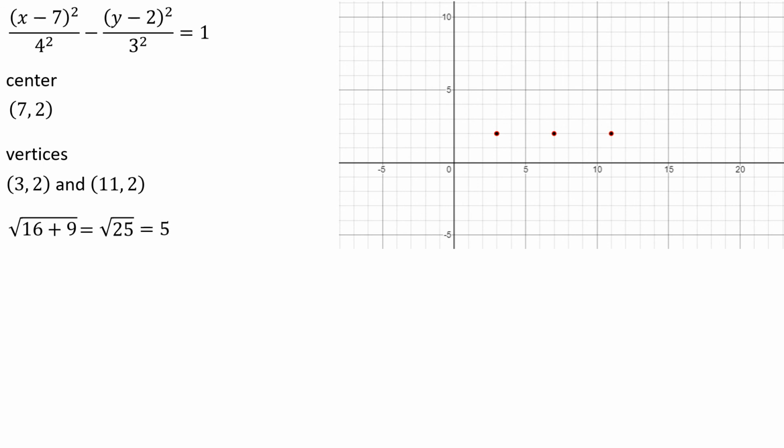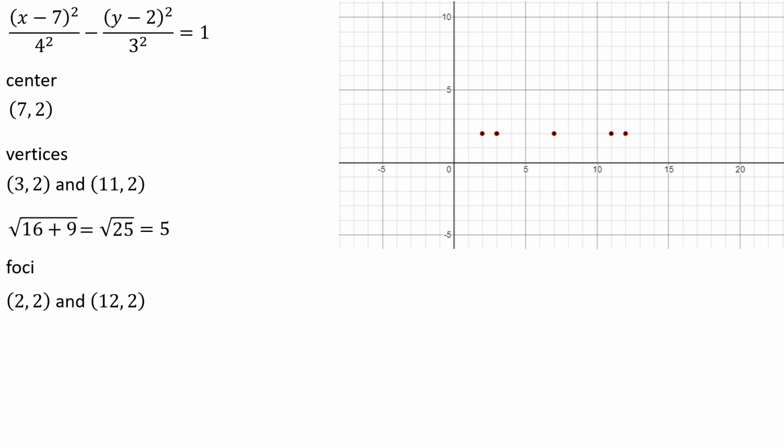Square root of 25 is 5. So from the center, I have to move 5 units to place the foci. So if I'm at 7, I can go 5 units right and 5 units left. So the foci are going to be at 2, 2 and 12, 2.